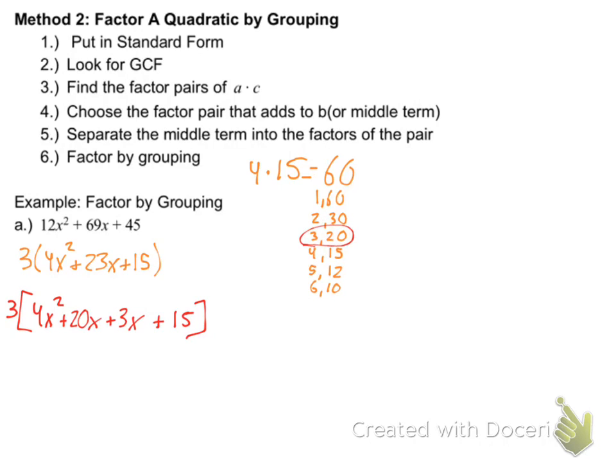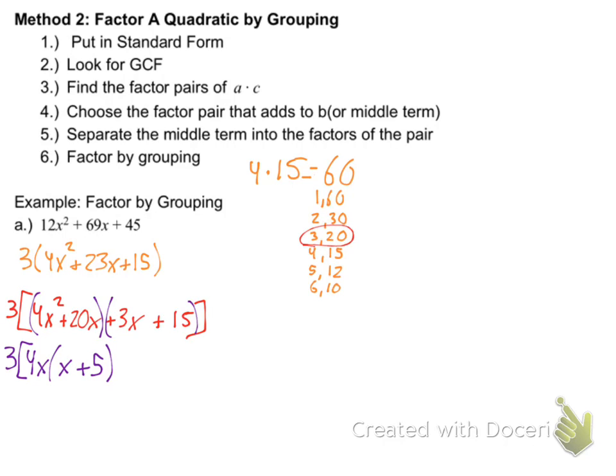And now I can factor by grouping. Remember, factor by grouping, first two, last two, including the sign. What can be taken out of that first group, guys? A 4x. What's left over? x plus 5.